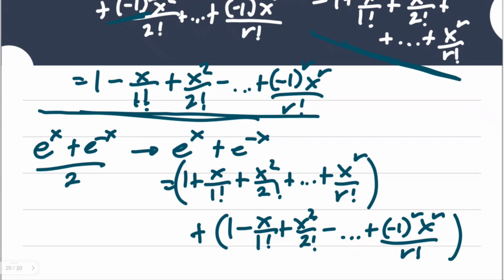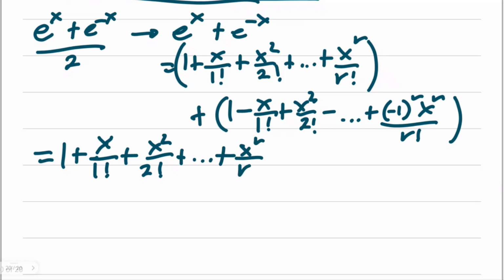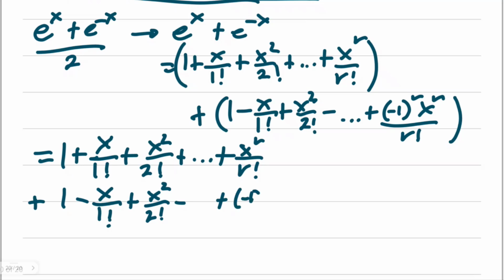Removing the grouping symbol, you will have here 1 plus x over 1 factorial plus x squared over 2 factorial plus and so on plus x to the power of r over r factorial. And then let me try to write it vertically. You have 1 minus x over 1 factorial plus x squared over 2 factorial minus again and plus here negative 1 raised to r, x to the power of r over r factorial.